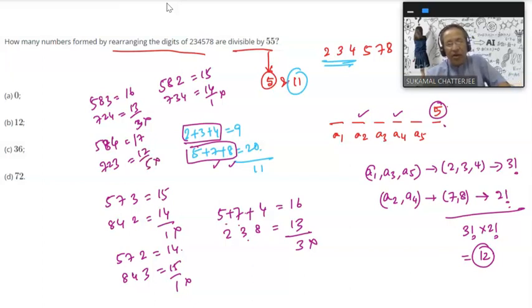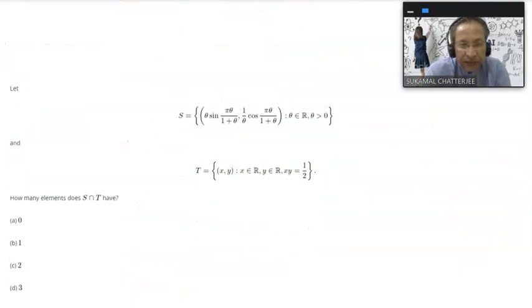None of the other combinations is going to give you a number which is divisible by 11. So this is the only combination that will work to give you a number which is divisible by 11 and 5 both. So there are 12 such numbers. Now we move to the next question, which is question number 9.